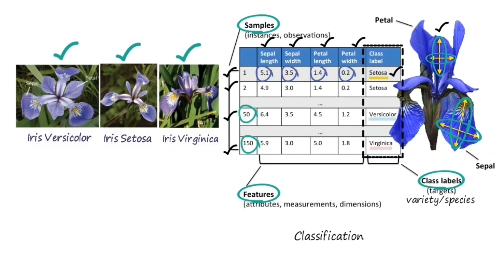What is the meaning of these two pieces of information? 50 samples of each category means they have collected 50 different setosa flowers and put them in the data set. Here we have 2 setosa, so we have another 48 setosa flowers' information. So 50 samples for each category are stored in the data set. And why 150 samples? Because we have 3 categories, so in total we have 150 samples.